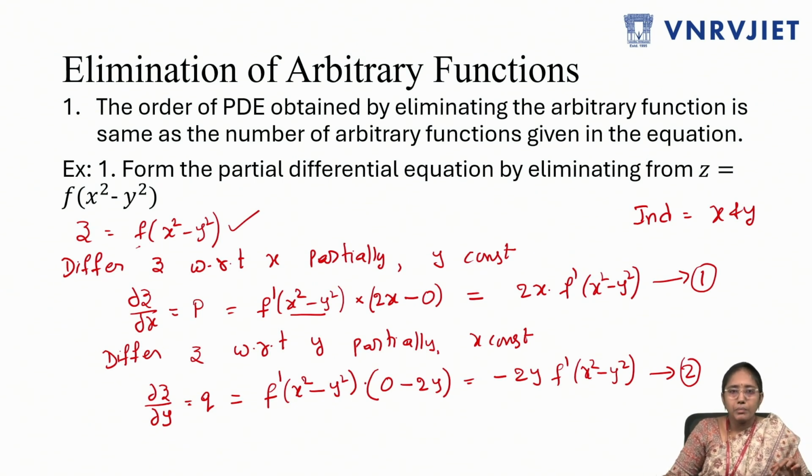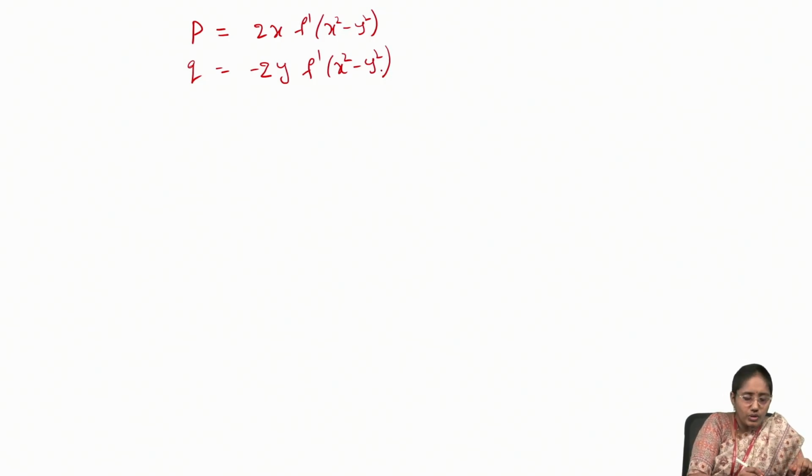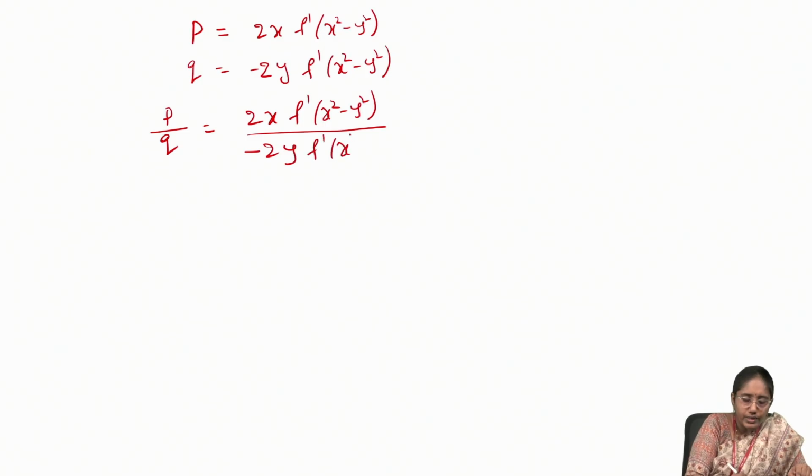Now observe, from the previous slide, p is equal to 2x into f dash of x square minus y square, and q is equal to minus 2y into f dash of x square minus y square. Just divide one by the other. p by q is equal to 2x times f dash of x square minus y square, divided by minus 2y times f dash of x square minus y square.